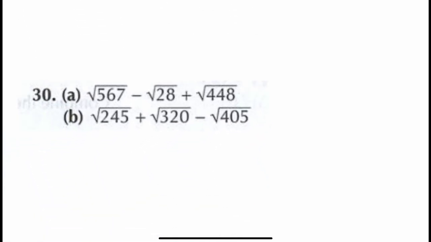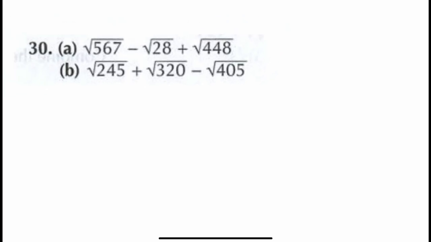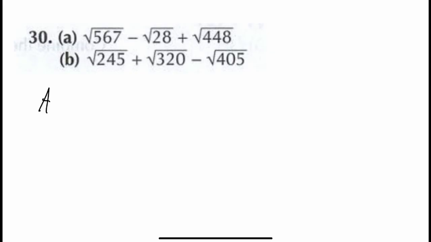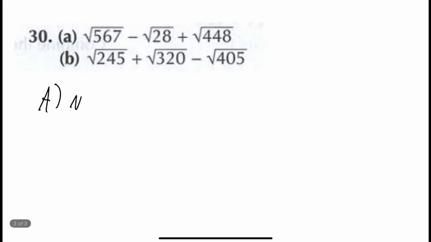Okay, here are some harder questions. Let's start off with A. So the very first thing you want to do is just simplify this. So pretty sure that 567 is equal to 81 times 7? I think so.